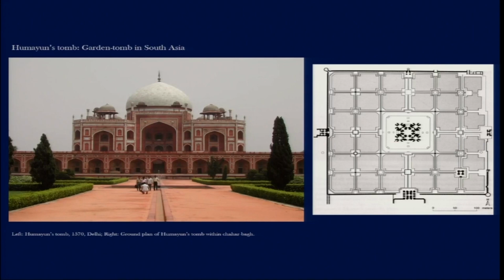As we see, all these wings come out of this squarish structure. These are the wings projected out of this central tomb structure, there are 4 wings on the 4 sides, and in the central part there is the central room where the symbolic grave of Humayun is kept.